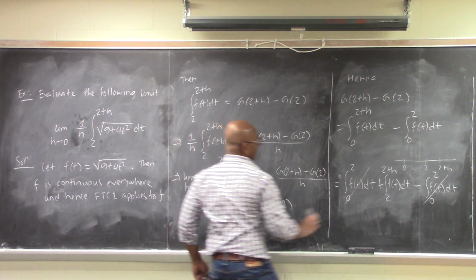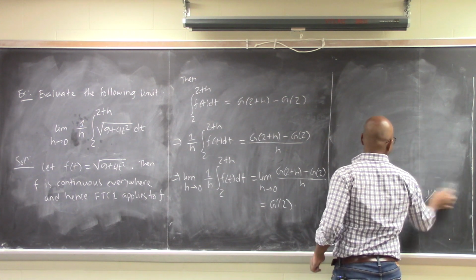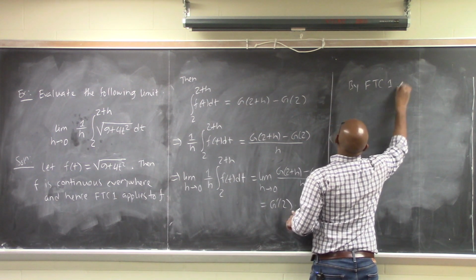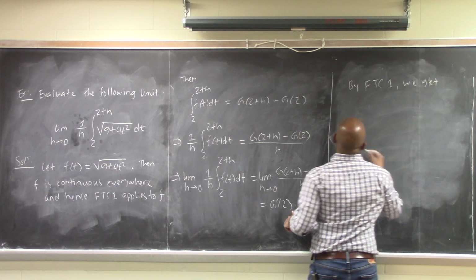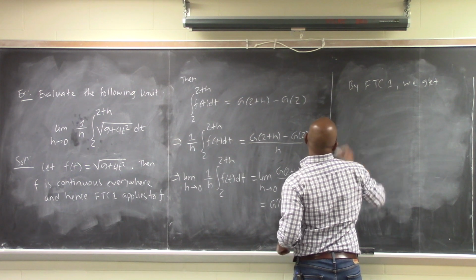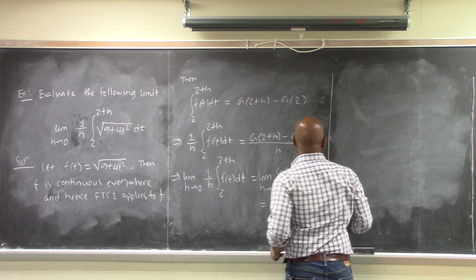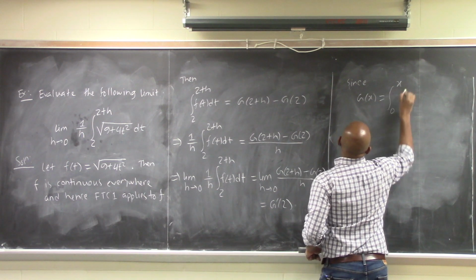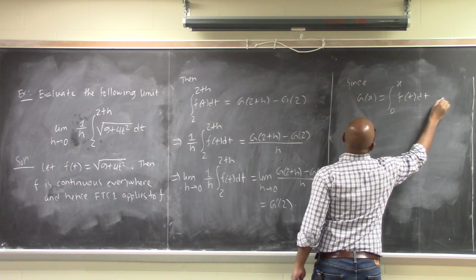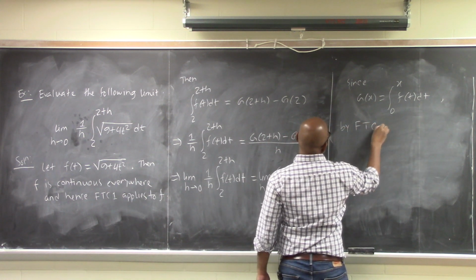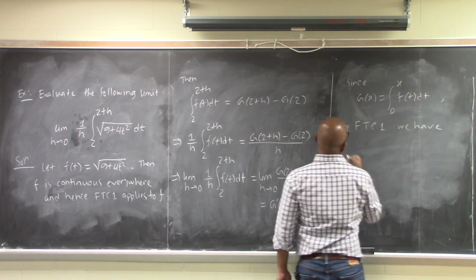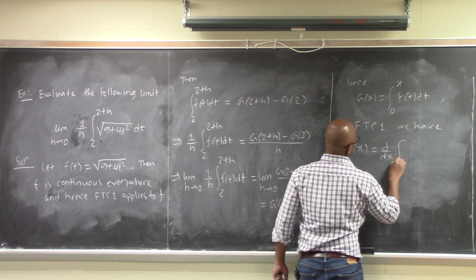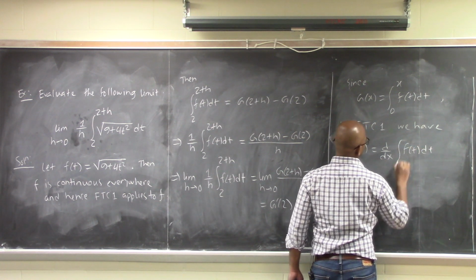So what is g prime of x? By FTC1, let me remind you, since g of x equals the integration of f of t from 0 to x, by FTC1 we have g prime of x equals d/dx of the integration of f from 0 up to x, right?